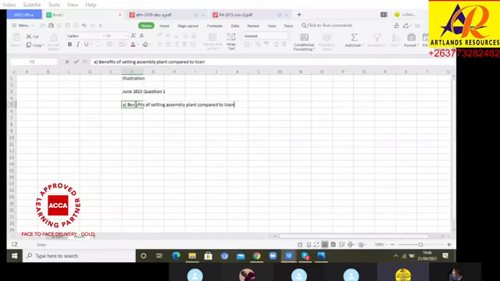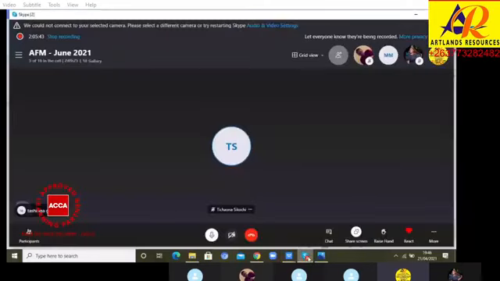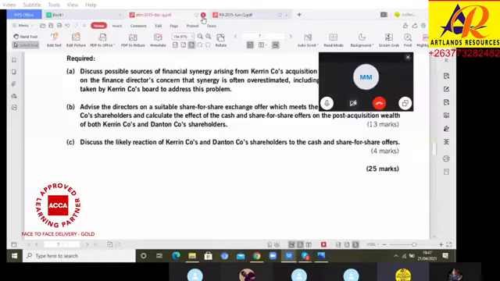Notice the question is saying, discuss the benefits and drawbacks to Imoni of setting up an assembly plant in Ireland compared to licensing another company which is there to undertake assembly on its behalf. I want you to make use of the chat feature, bottom right. Type the benefits that you think Imoni will get if it sets up its own assembly plant as compared to licensing a company which is already there.